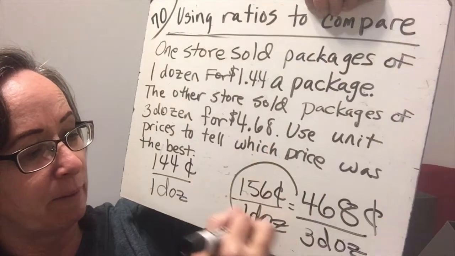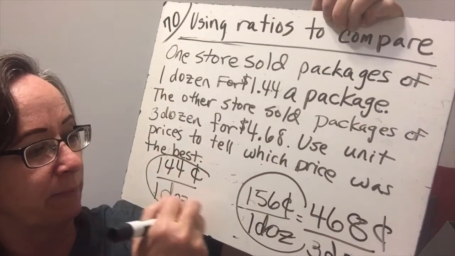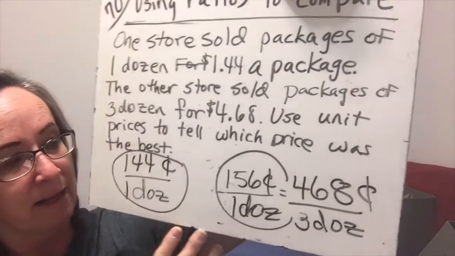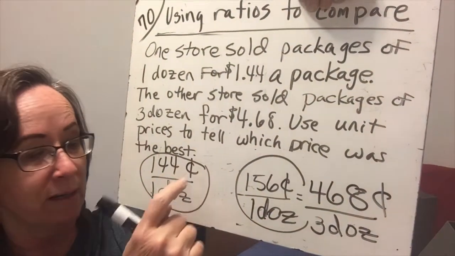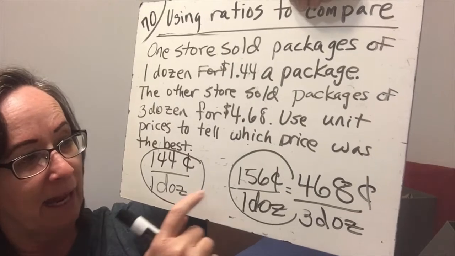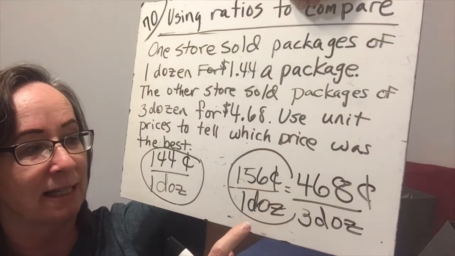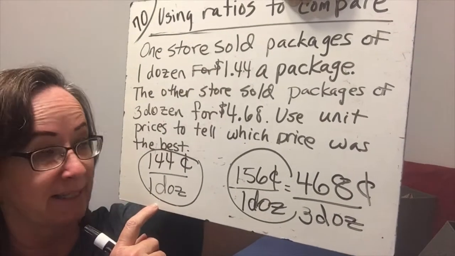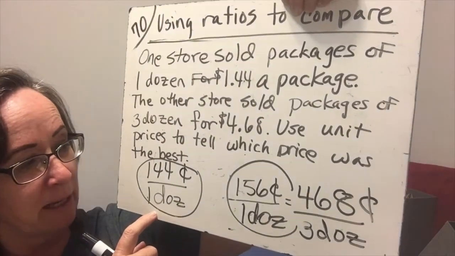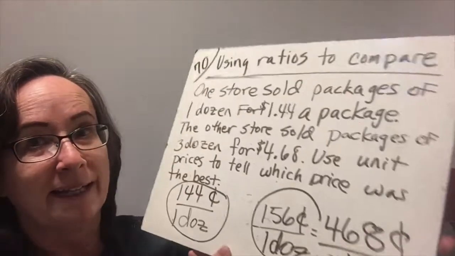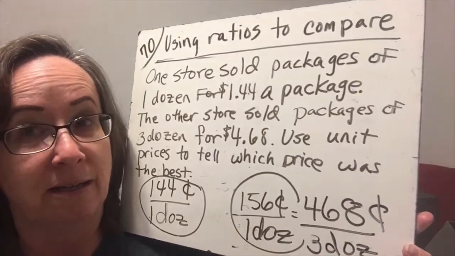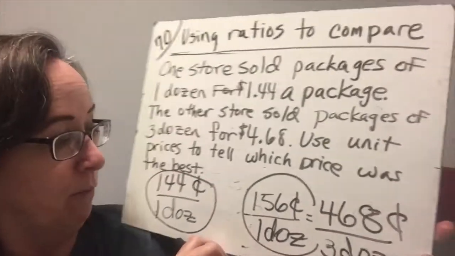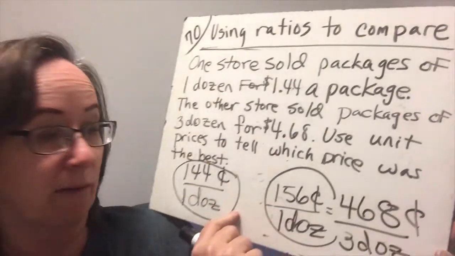Now that we have 1 dozen on the bottom, can't we go ahead and compare those right now? This one is 144 cents for every dozen, and this one is 156 cents for every dozen. So I'm going to go with this one because it is a better price. If you did want to find out how much it was not per dozen, but by single item, then we would just divide by 12, right?